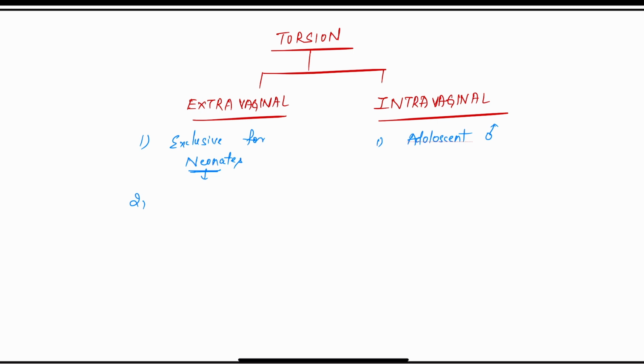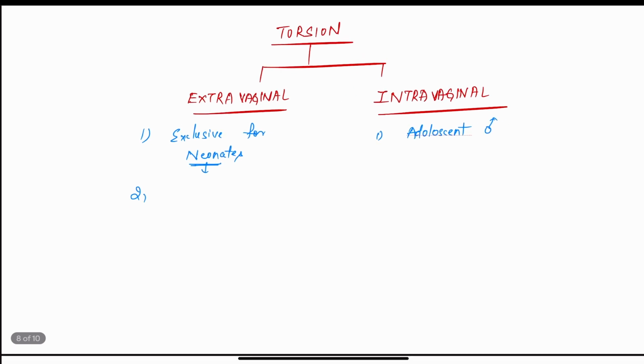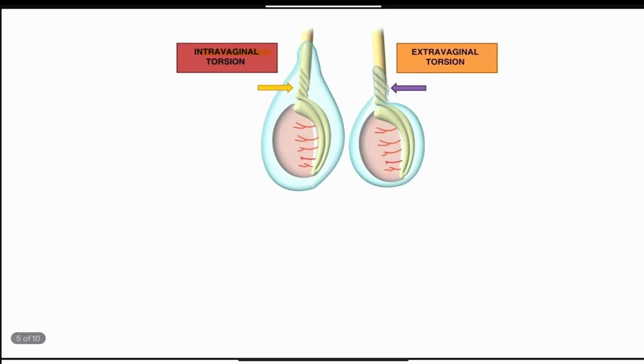In extravaginal torsion, both the spermatic cord and tunica vaginalis get twisted as a single unit. Let's see images of intravaginal and extravaginal torsion.